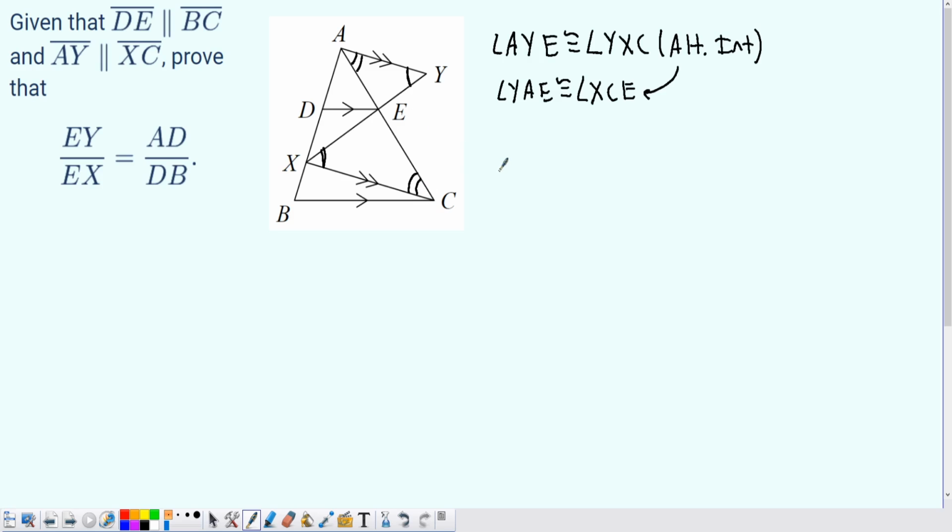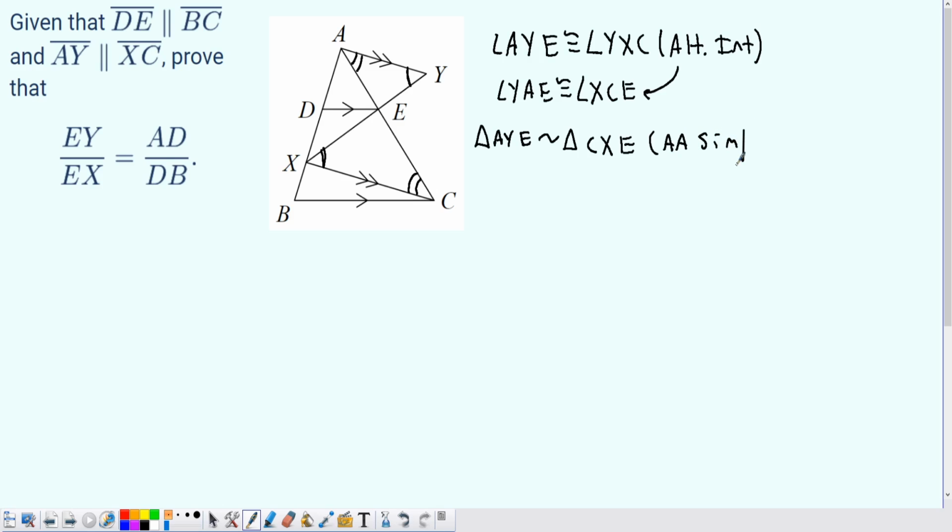But it doesn't matter at this point because we have sufficient information to show that the triangles AYE and CXE are similar because of angle-angle similarity.